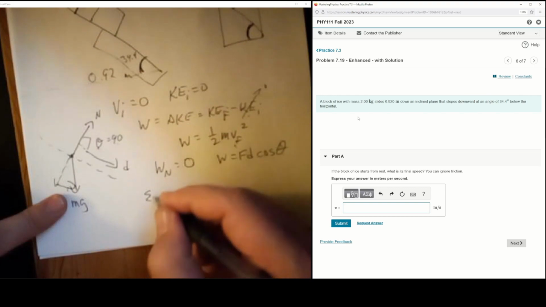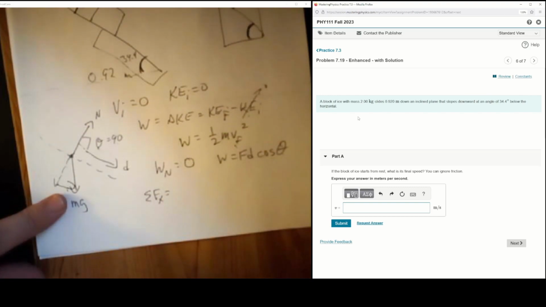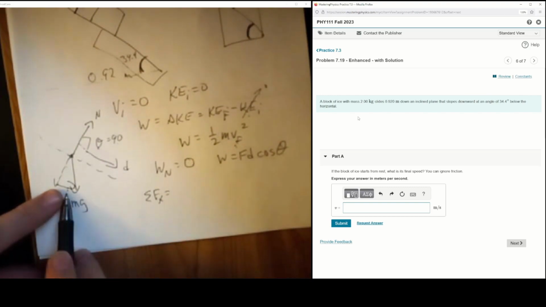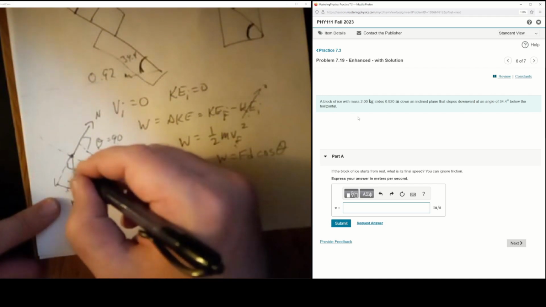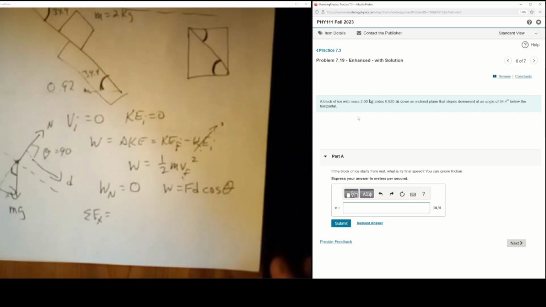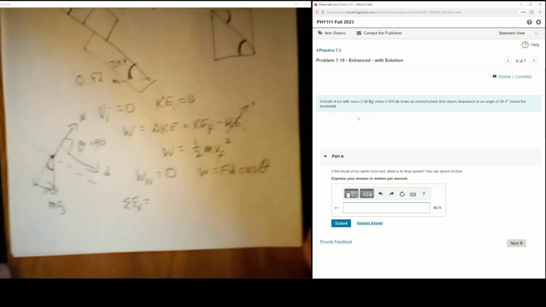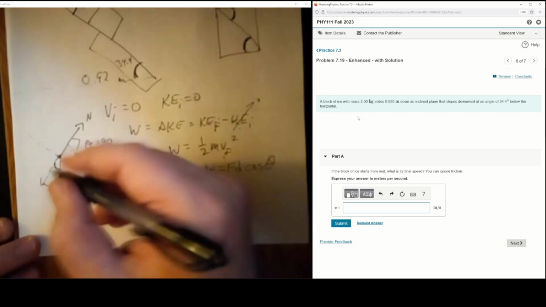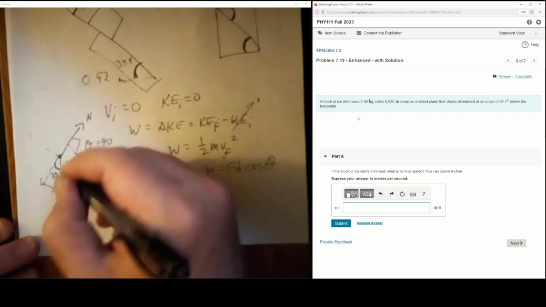So if we summed our forces in the x direction, the only force in the x direction is this component right here. This component is the opposite leg of this right triangle. And the angle here is also 34.4.